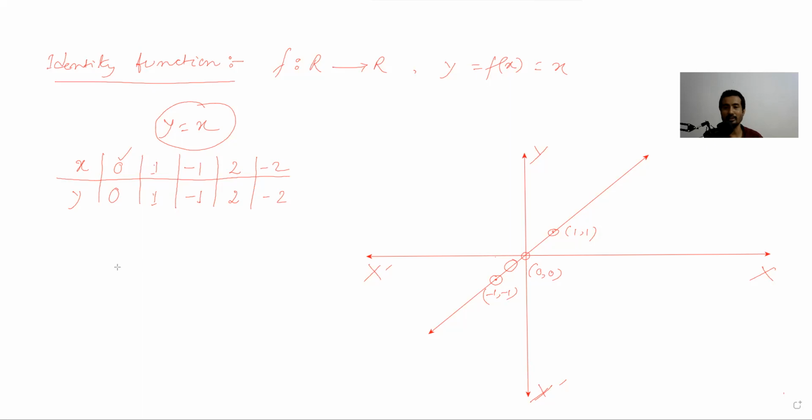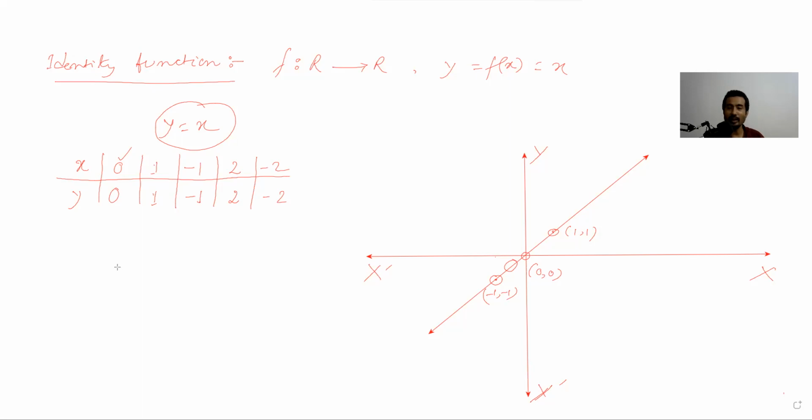Since this is a linear function, y equal to x, we are getting a straight line. If we take some other function, the graph will be different. But whatever the graph is, if it does not have a jump or a break on it, then the function will be called a continuous function. So this is how we can get the idea of a continuous function by looking at the graph.